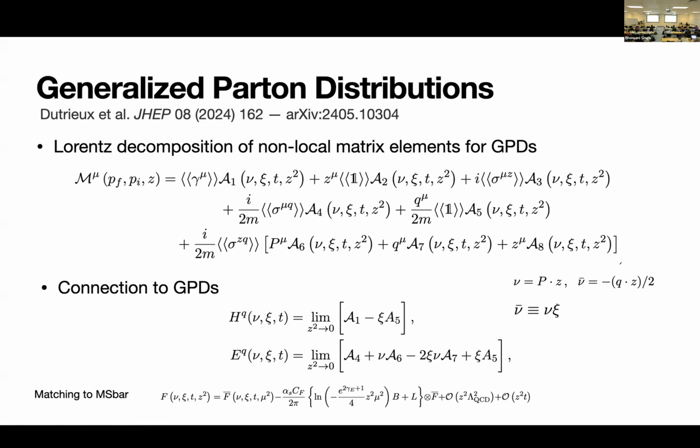Fortunately, you have enough constraints by computing several 3-point functions with this index mu changing, the spin indices of the proton, which I didn't write, changing, initial and final momenta changing, and you have enough constraints to extract all these invariant form factors. And from them, you can determine the generalized Parton distributions, which are known as the H and the E.